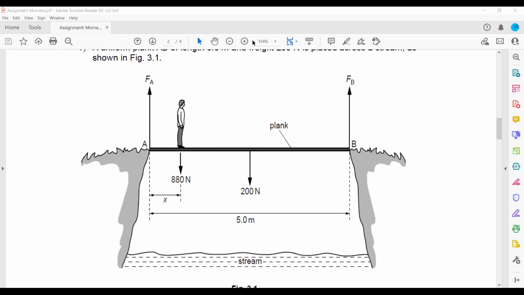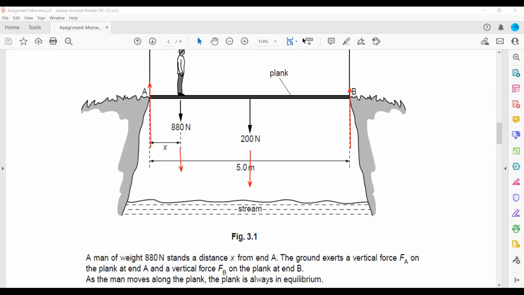So the supports are there, and the normal contact force acts upward. This is a normal contact force from the ground that we call FB, and this one we call FA. Both are acting upward. Weight of the plank is acting downward. Weight of the person is also acting downward, and the person is at a distance of x from the pivot.